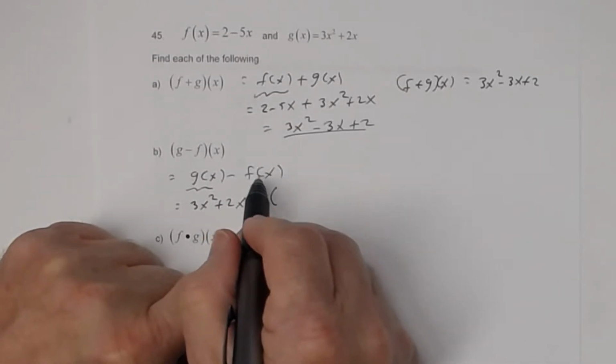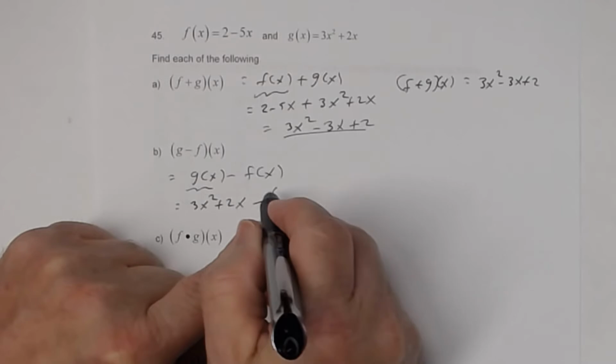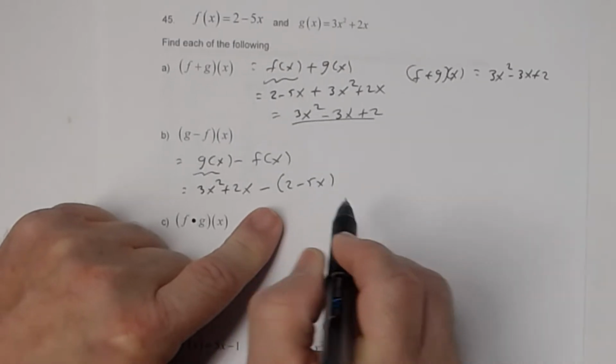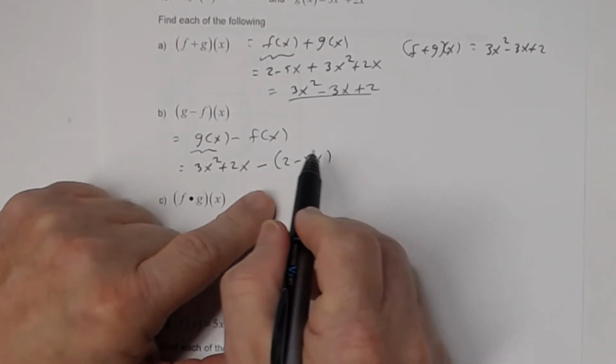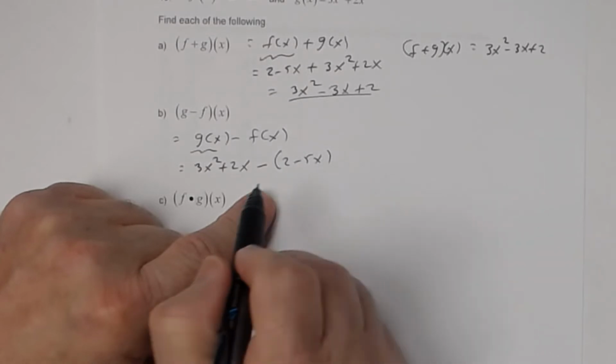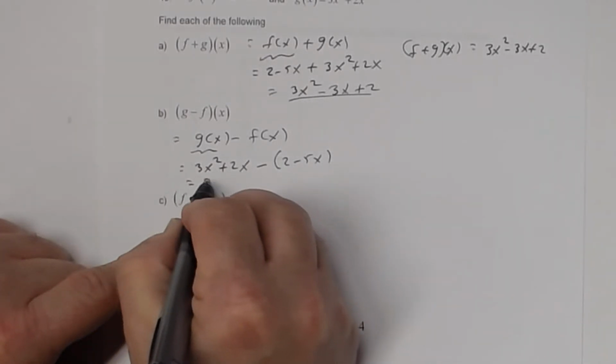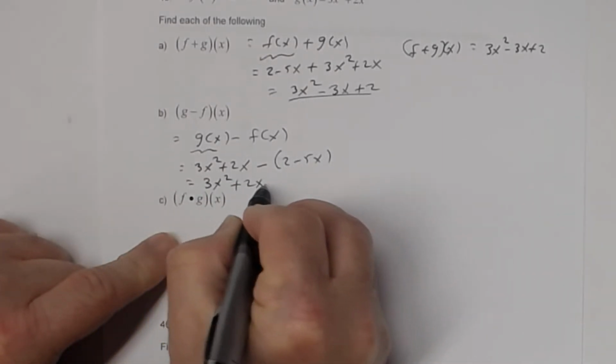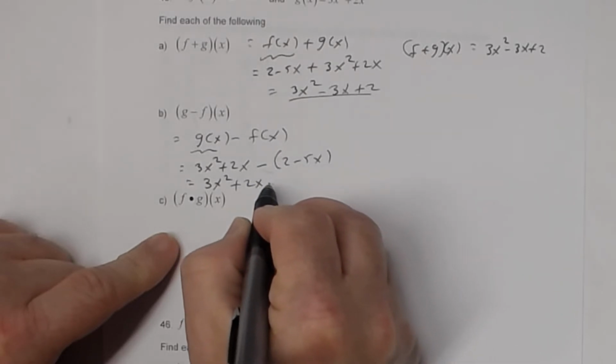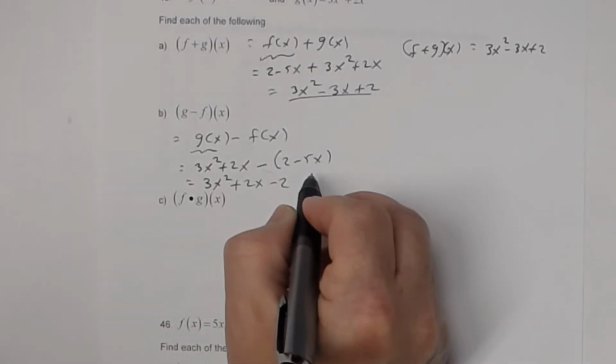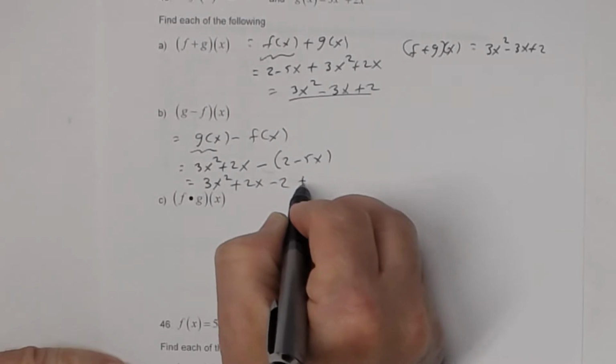And every term of f of x, there are two of them, you have 2 minus 5x. So when you're subtracting, you basically are adding the opposite of those terms. So basically that means 3x squared plus 2x. The opposite of a positive 2 is a negative 2, and the opposite of a negative 5x is a positive 5x.